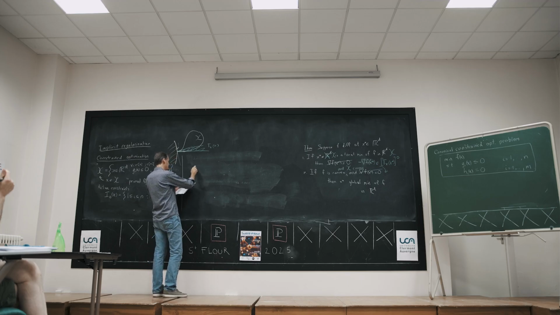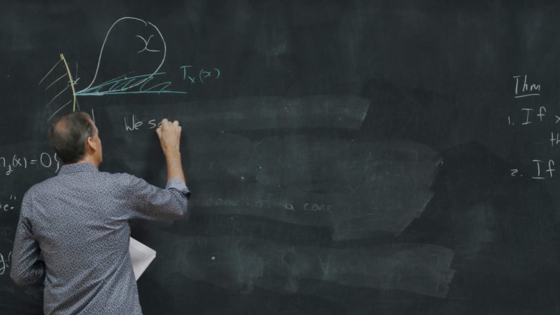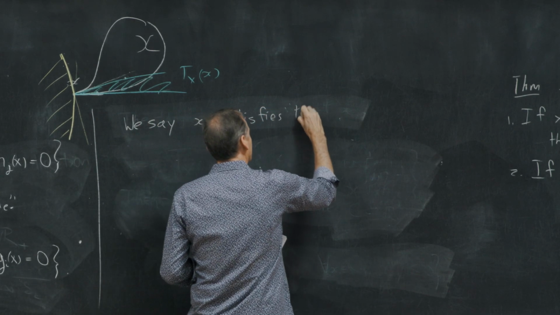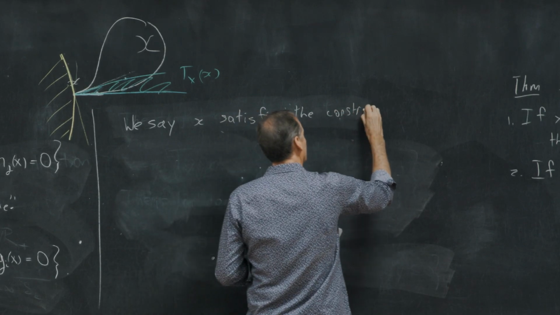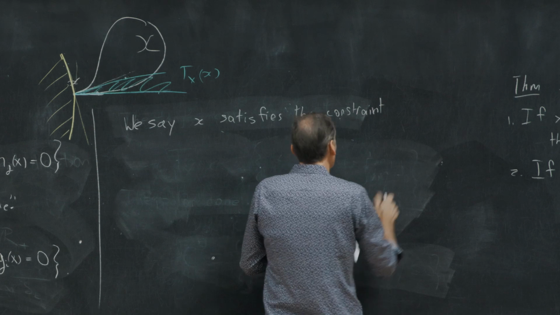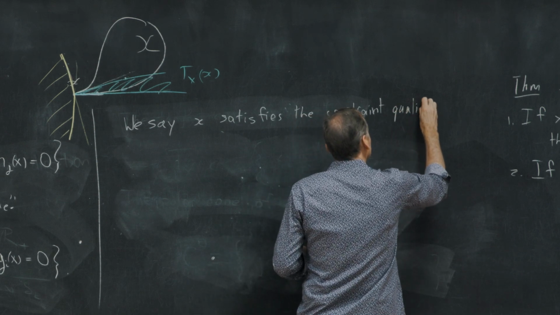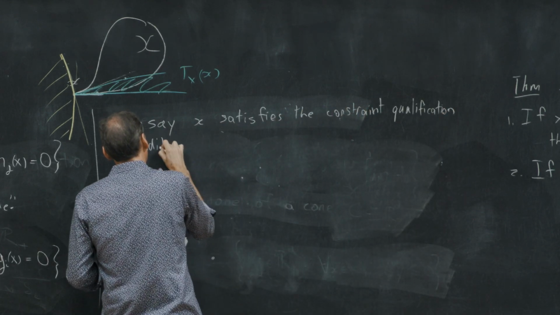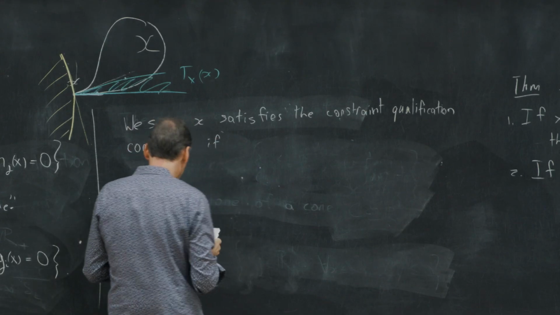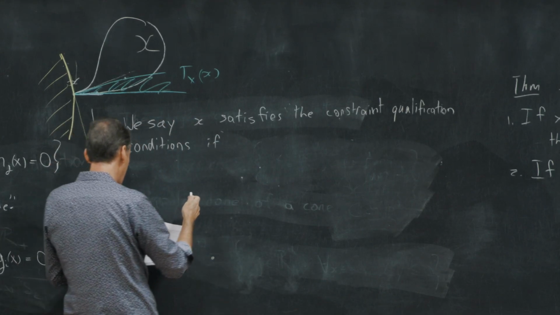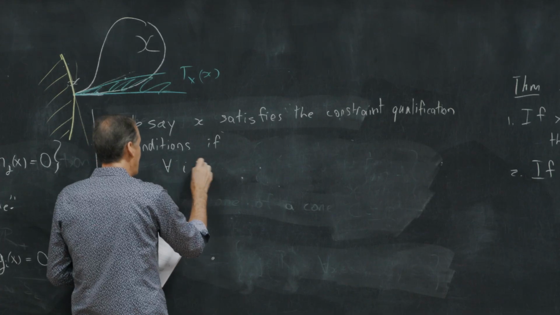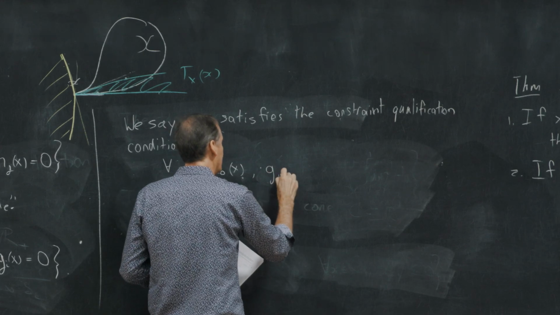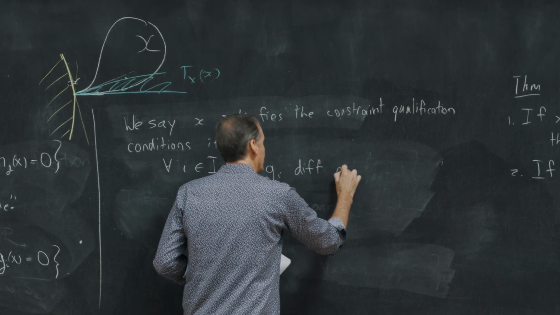So we say that x satisfies the constraint qualification conditions if, we'll use this as shorthand, for all active constraints, g_i is differentiable at x.